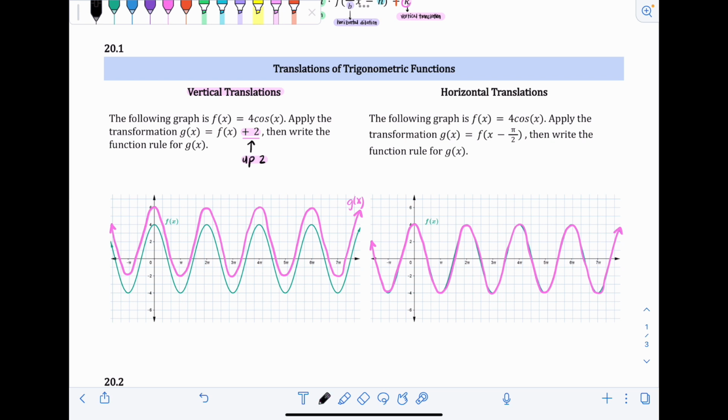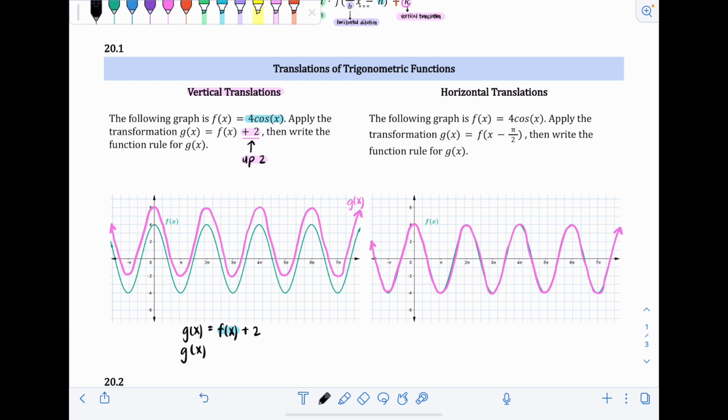To do that, I'm going to copy down this formula first. So it's g of x equals f of x plus 2. And that means I can take what was f of x, which is 4 cosine of x, and put it in here and then add the 2 at the end, and that'll give me my rule for g of x.